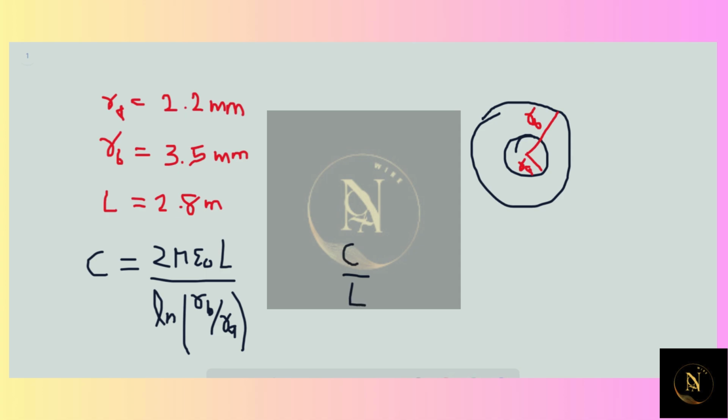So it's going to be C over L, which is 2 pi epsilon naught over the natural log of Rb over Ra. Let us substitute the given values.